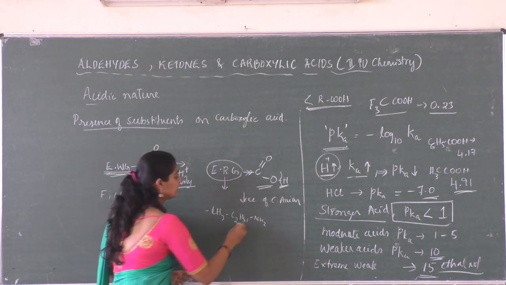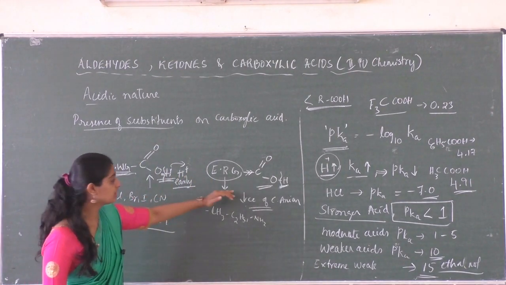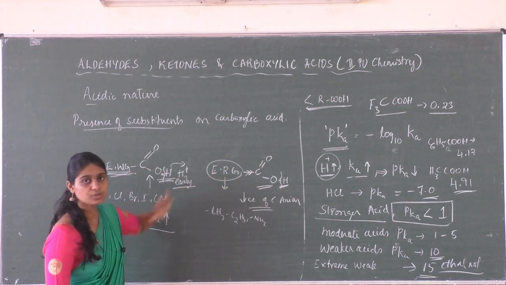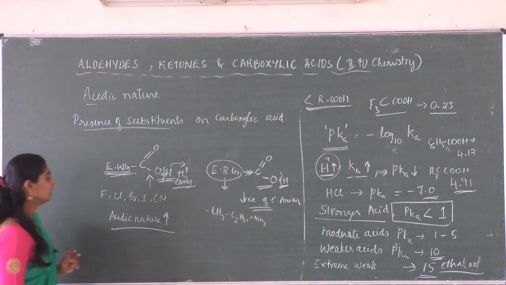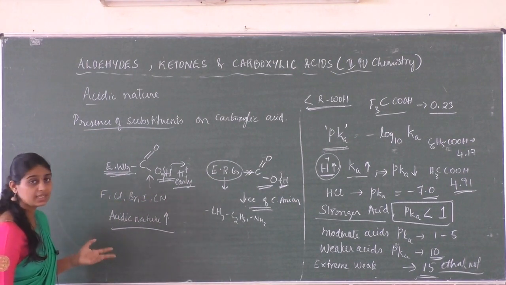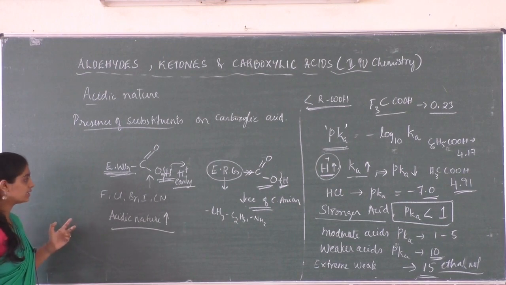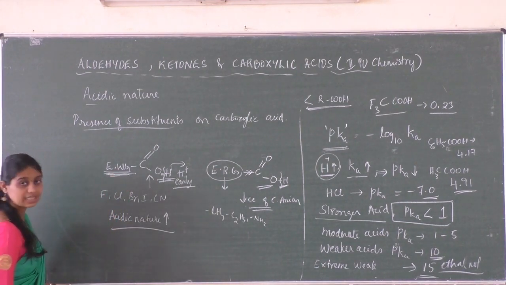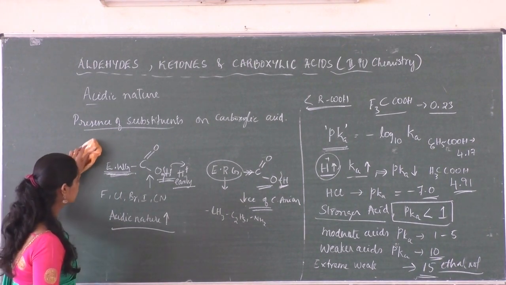Therefore the acidic character also decreases when a carboxylic acid is attached to electron releasing groups. Clear? We have certain groups which, when added to the carboxylic acid, increase the acidic character. That is nothing but the electron withdrawing groups. We have their list, so let us see the increasing order of their acidic character.